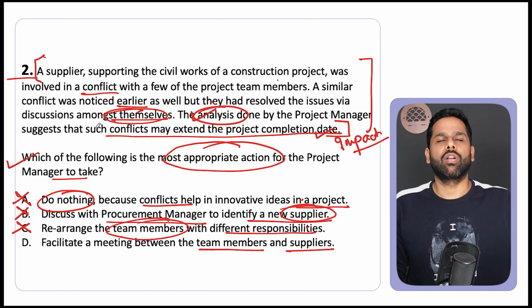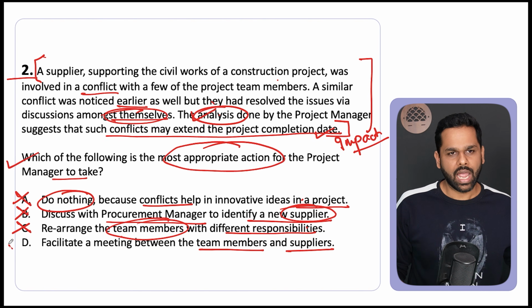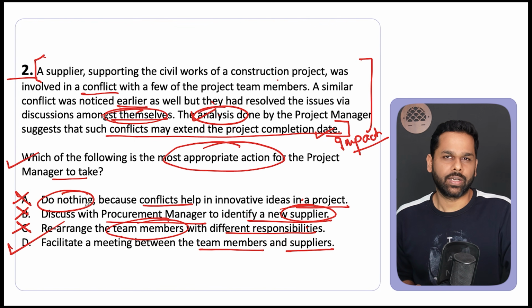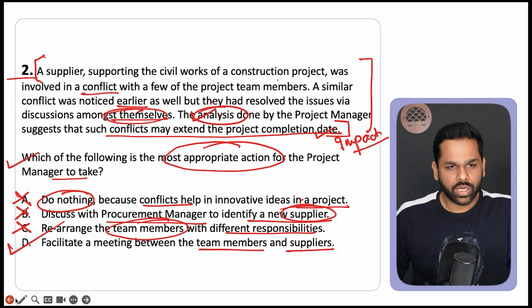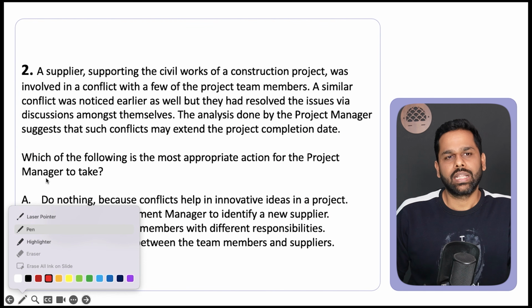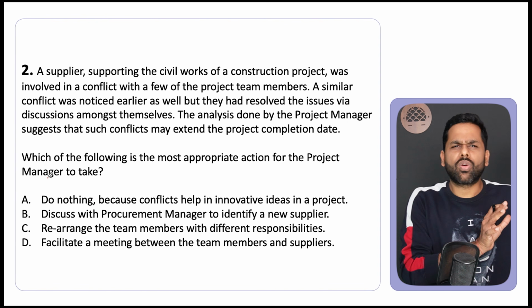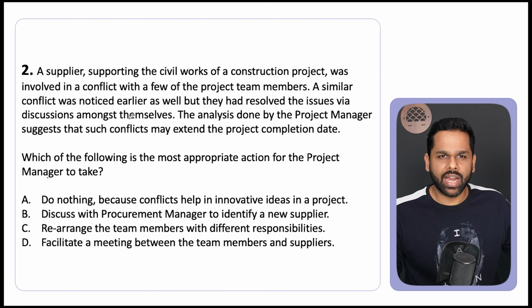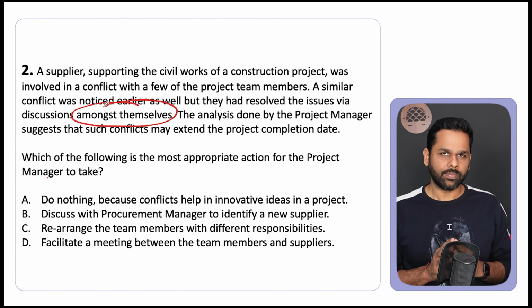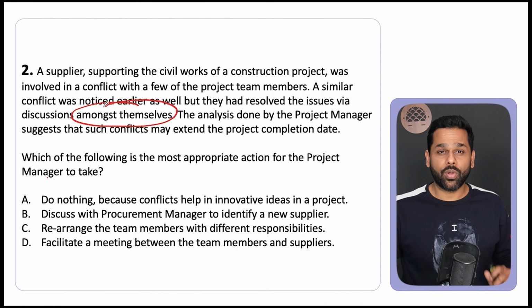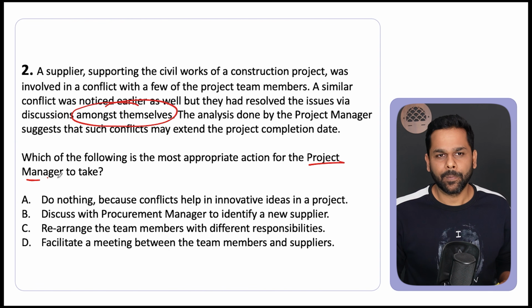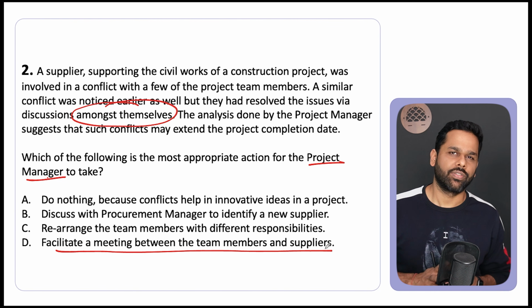So you also get involved as a project manager and help them resolve the conflict. So in this question, the mindset is that when the conflicting parties have tried themselves, then the project manager should get involved and help them in resolving the conflict.